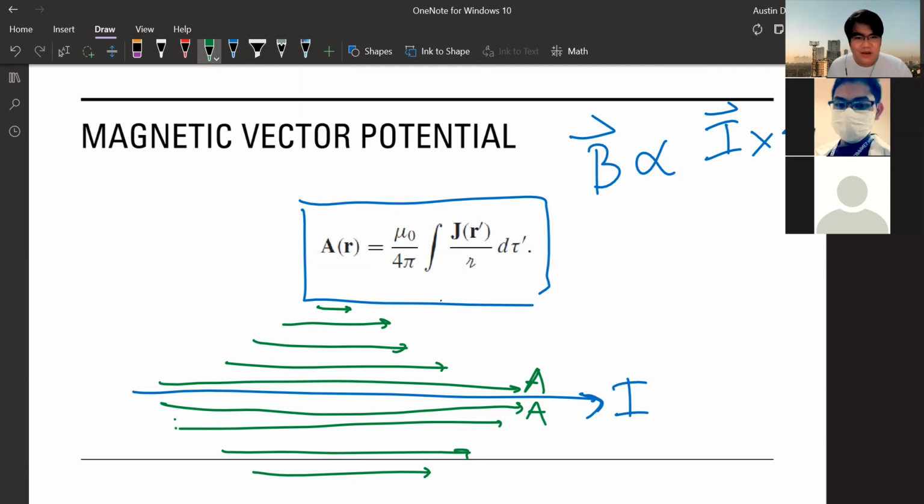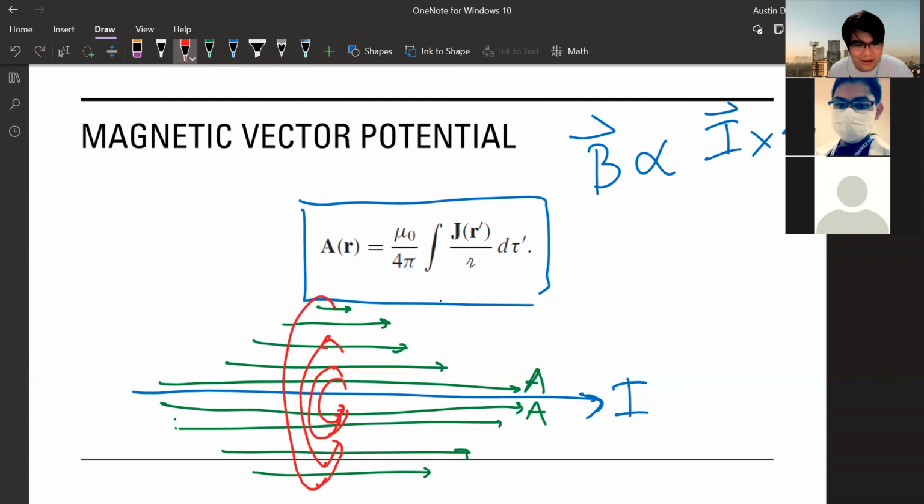Then, ayan yung magnetic vector potential mo. Which basically tells you that whenever A is strong, malakas din dun yung magnetic field mo. And yung magnetic field mo is actually around here. Malakas siya sa loob, kasi dun concentrated yung A. Okay. And then humihina siya as you go far. Okay. So, ganun lang siya.